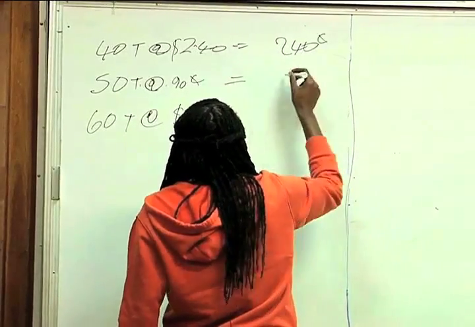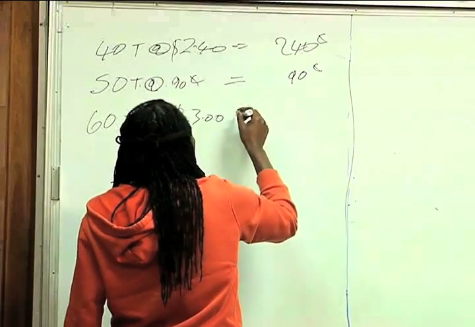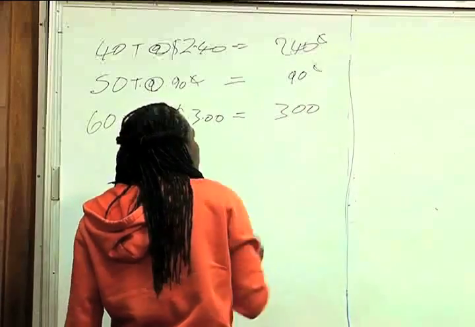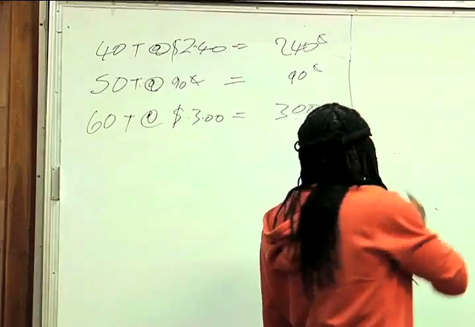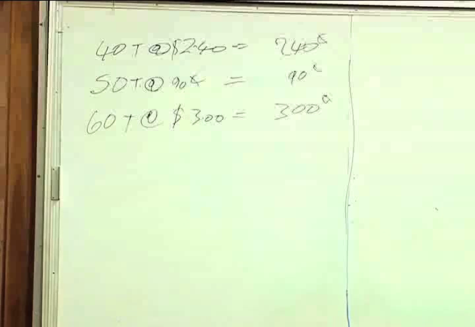And $3 equal 300 cents. Everybody see that? So he says 40 tin of soup at $2.40, 50 at 90, and 60 at 3. Find the average price per tin.